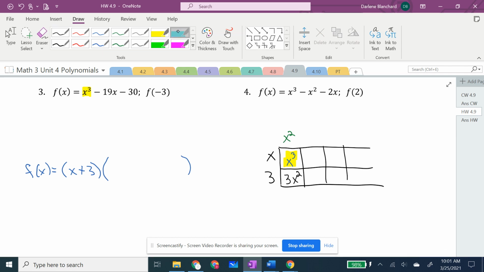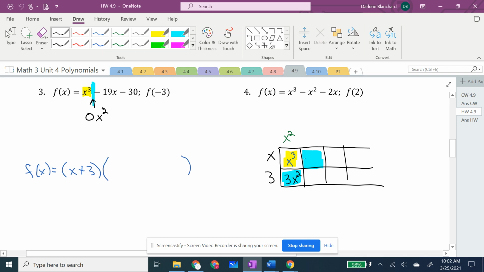My next step is to realize that this pair of diagonal boxes are going to add together to make the x squared term of this polynomial. But where is x squared? If x squared isn't there, then that means I have 0 x squareds. So what do I need to add to 3x squared so that I have no x squareds? -3x squared.